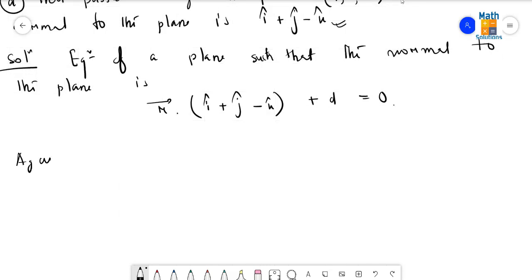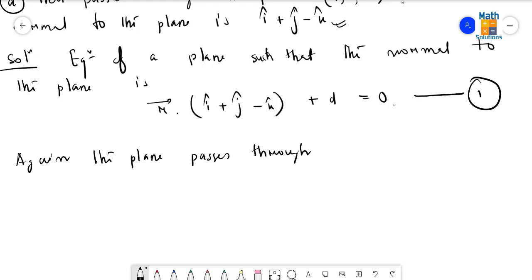Let's mark this as 1. Again, the plane passes through 1, 0, minus 2 with a position vector. What is the position vector here? i cap, 0 j cap will be meaningless, so minus 2 k cap.